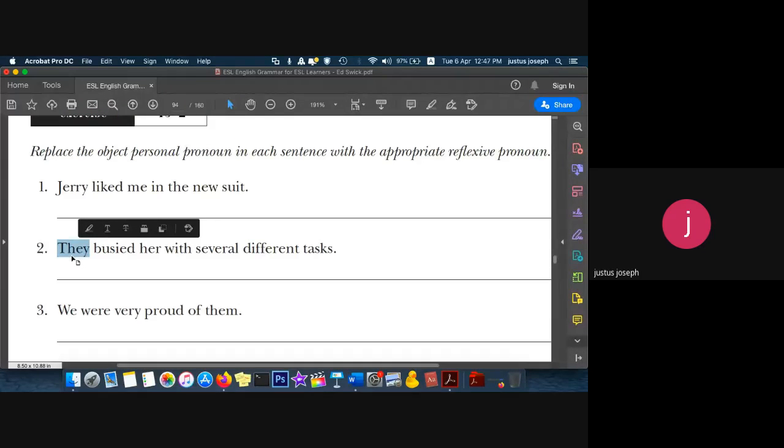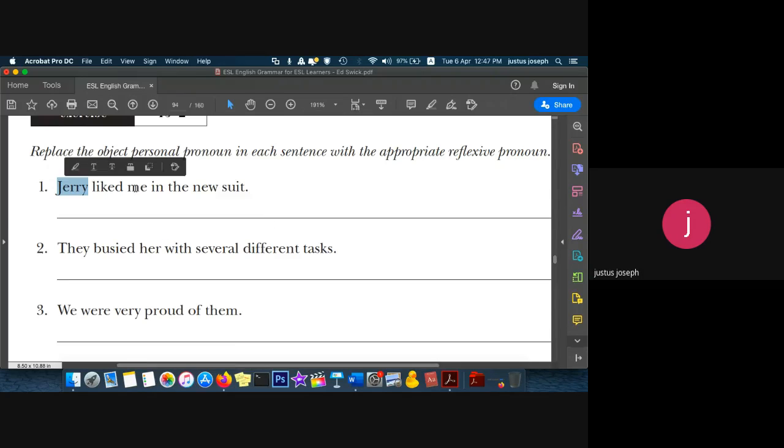That's what we are learning, right? They bruised. What is the reflexive pronoun for this? Themselves. Okay, that's what they want us to do.